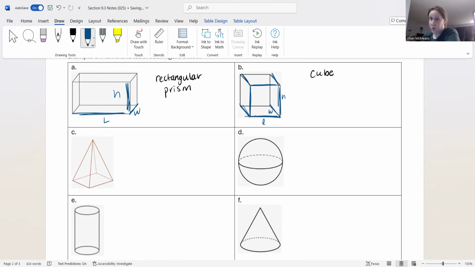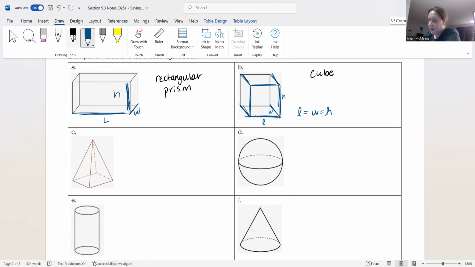So you have length, width, height, or length, width, and depth, same difference. What you need to understand here is length is equal to width is equal to height. That's different than a rectangular prism, where length, width, and height can be totally different measures. With a cube, they're all exactly the same.